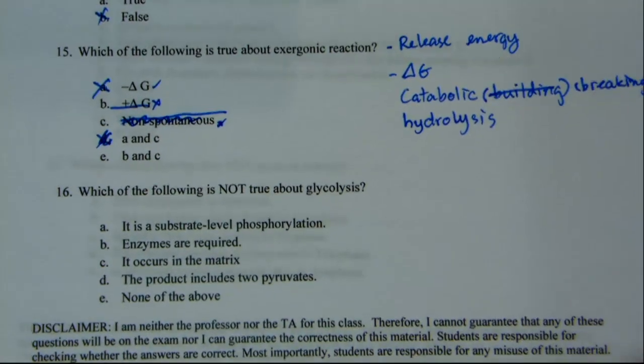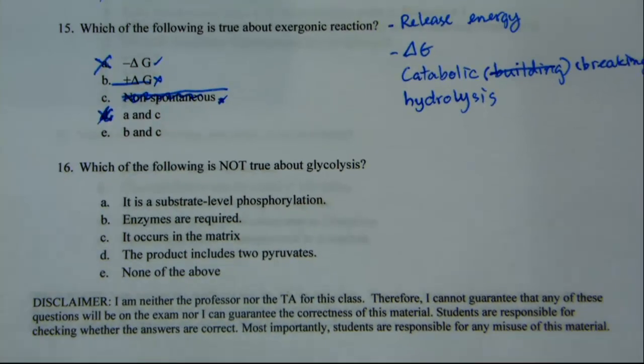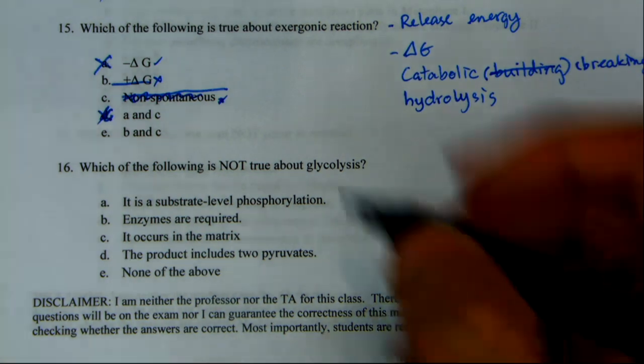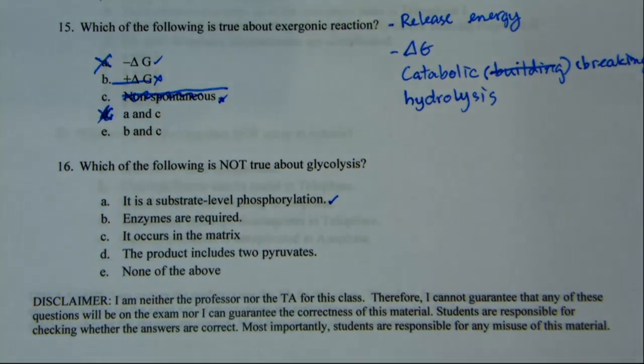Okay, 16, which of the following is not true about glycolysis? Oh, that's a whole thing. So let's look at the information we have. The first one is substrate level phosphorylation. Is it true? This is true. Enzymes are required.